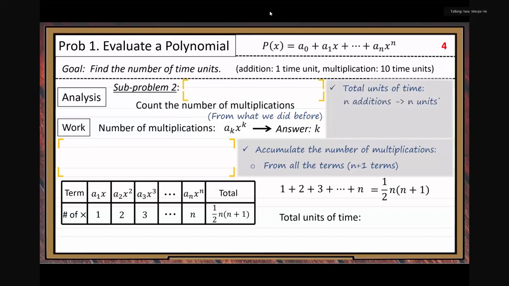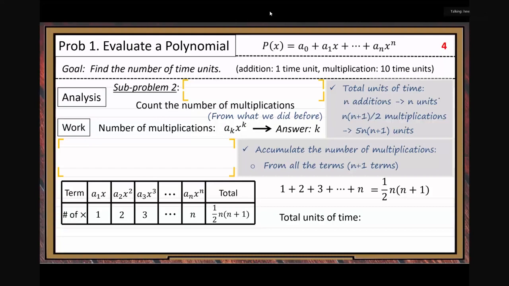So we already have n additions, n units. For the multiplications, we multiply by 10, and after multiplying by 10, we get 5n times (n plus 1) units. Now for the total units, add up these two parts.